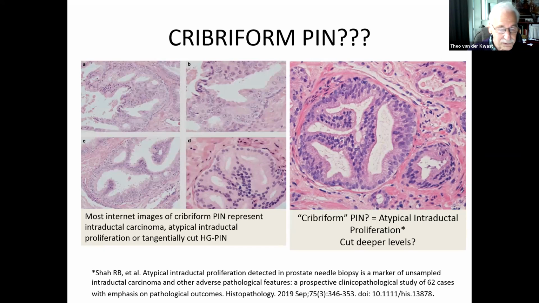In the past, intraductal carcinoma was considered by some as a variant of high-grade PIN, but now it is well recognized that intraductal carcinoma and high-grade PIN are different biological entities. High-grade PIN does not have much clinical consequence, whereas intraductal carcinoma is considered a real adverse feature. Nowadays, I do not diagnose cribriform high-grade PIN anymore on a biopsy, and according to the paper referenced below by Shah et al., it should be reported as atypical intraductal proliferation, provided that basal cells can be seen and can be identified.